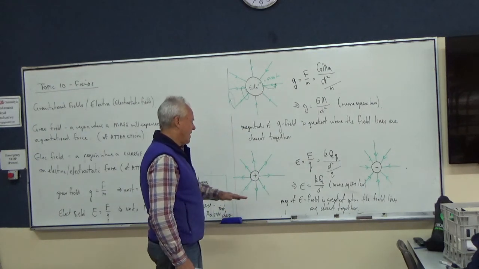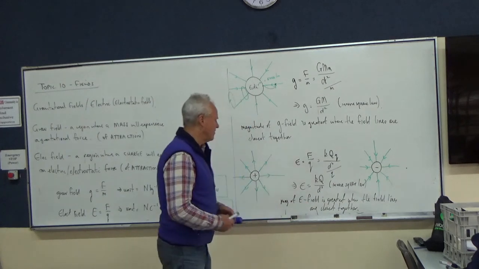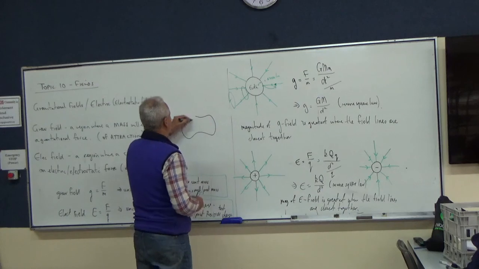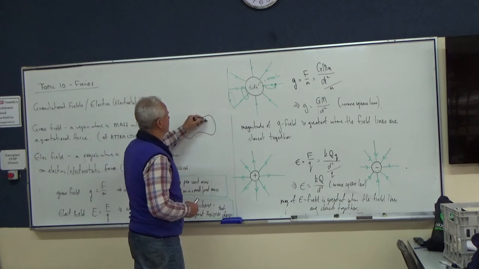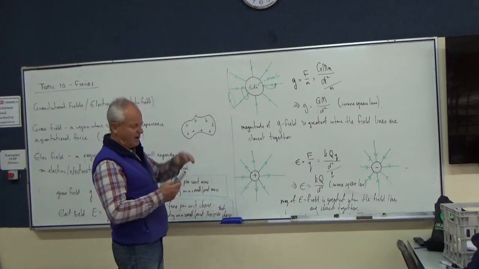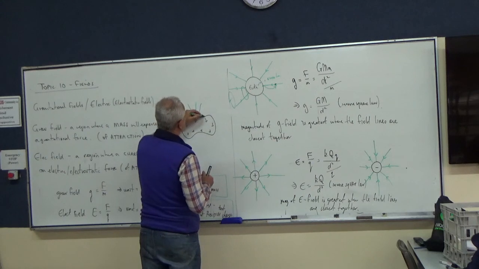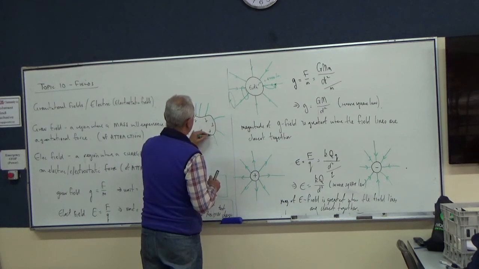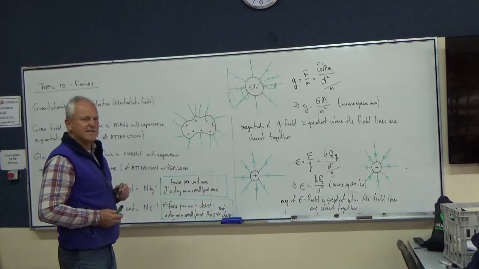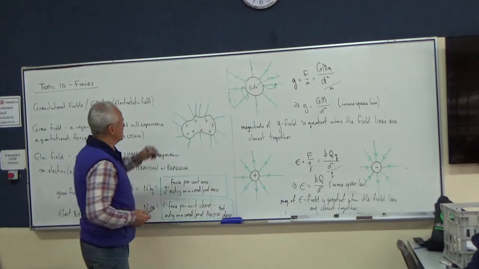And exactly the same, the magnitude of the electric field is greatest where the field lines are closest together. That becomes important if you've got an odd-shaped object with charges on it. It's not going to be a nice spherical one, and we'll probably find that the field lines are like that, and the magnitude of the field is greatest where the field lines are closest together.